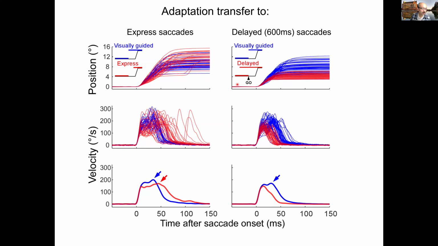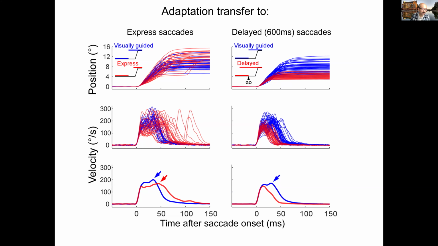Between 0 to 4 degrees is a gain of about 2 or a little bit more. Now let's look at the velocity profiles. As I've shown you previously, the adaptation will produce a reacceleration for the high gain saccade.